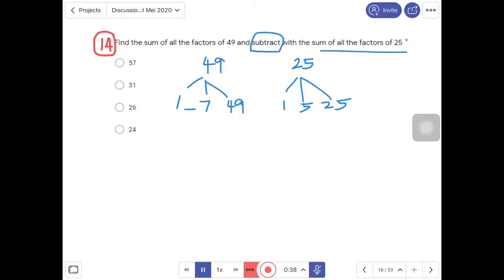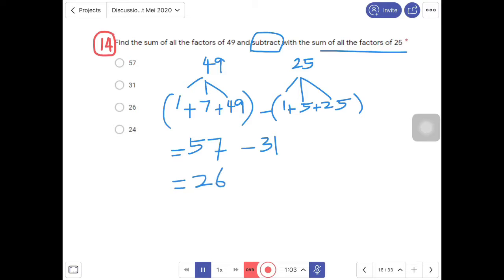So we just take this minus this. Okay, so 1 plus 7, 1 plus 49 is 50, is 57, minus 31 equals to 26.